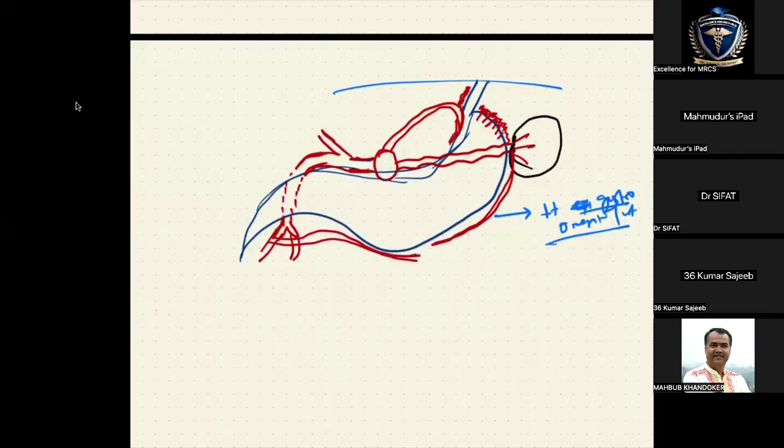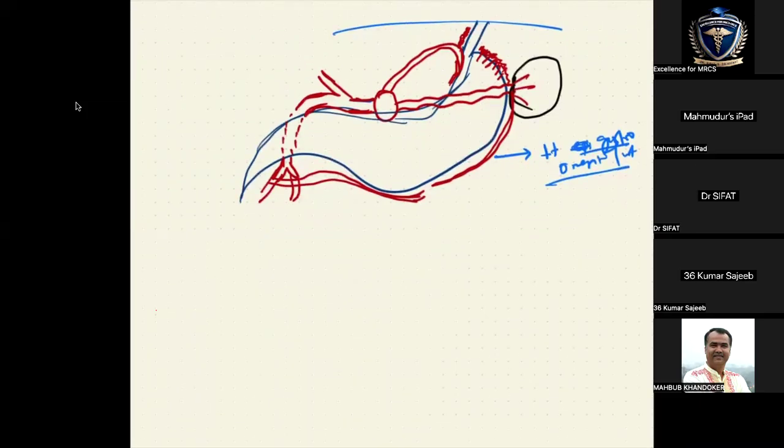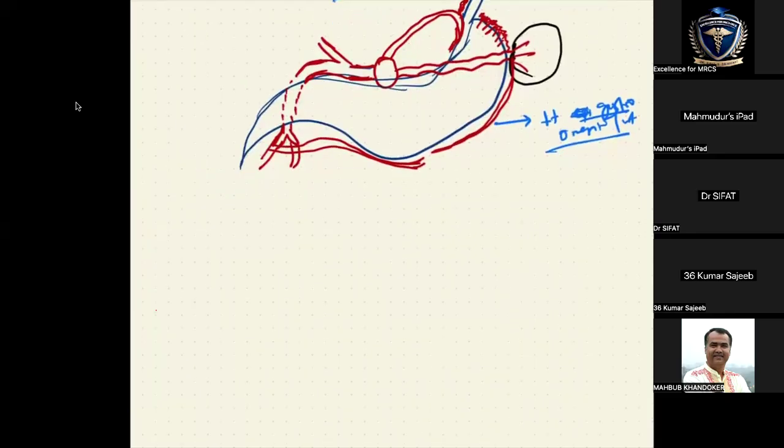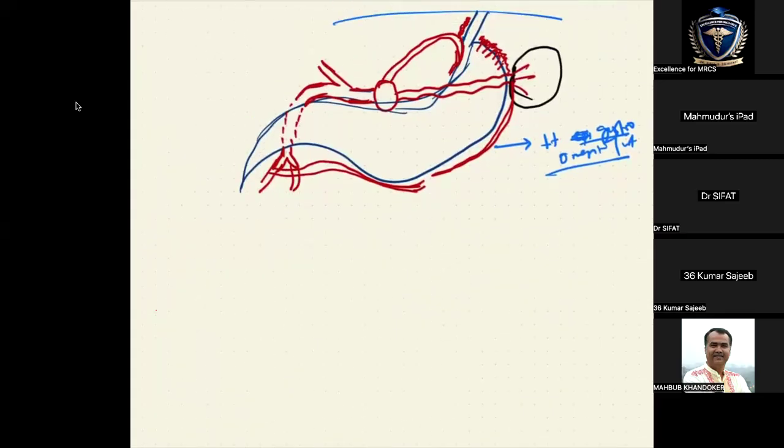The left gastro-omental artery originates from the splenic artery, and the right gastro-epiploic artery is a branch of which vessel? Anterior pancreatoduodenal artery. Okay, I'll come to this portion later.